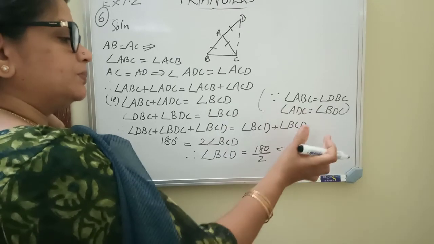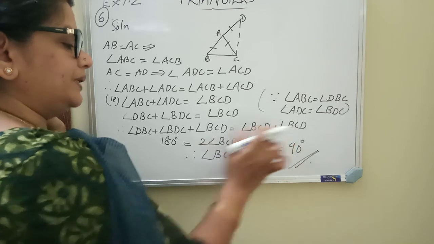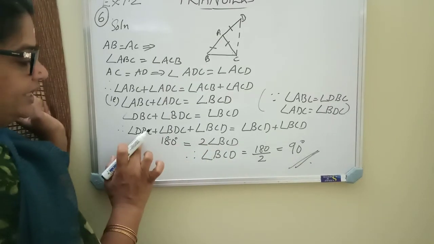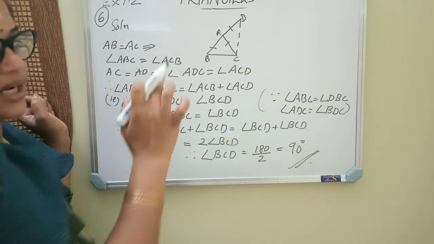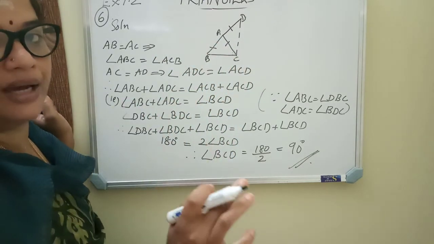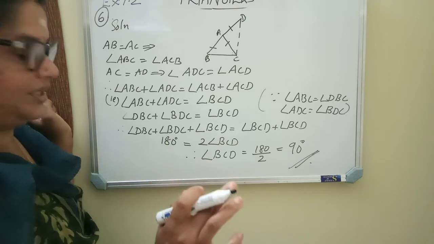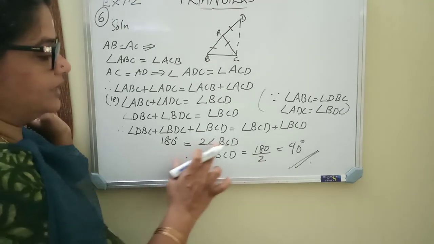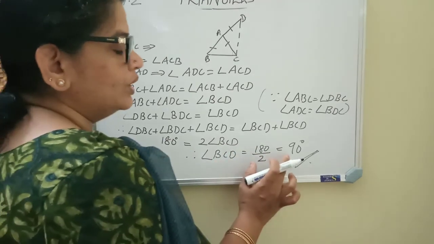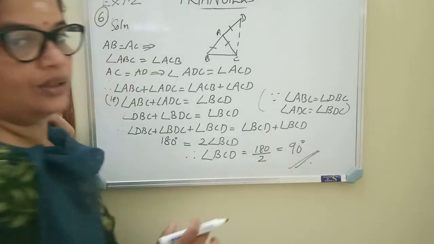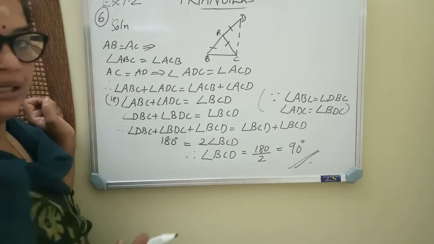So BCD plus BCD means 2 times angle BCD, isn't it? The left side is the sum of three angles of triangle DBC. So the sum of three angles of any triangle we know as the angle sum property is 180 degrees. So 180 is equal to 2 times angle BCD. So angle BCD is equal to 180 divided by 2, which is 90 degrees. That only they ask you to prove. So hence the result.